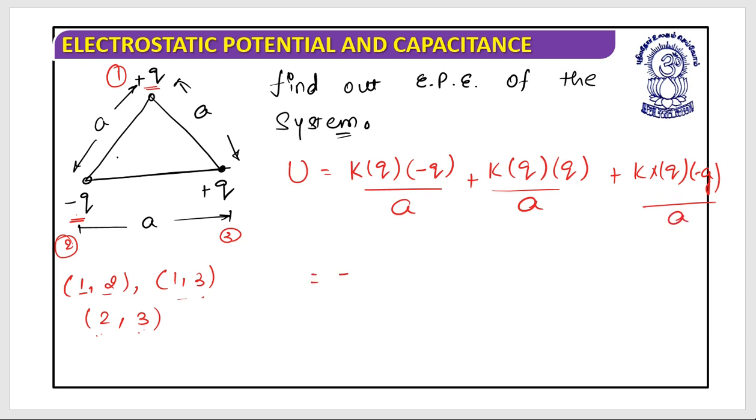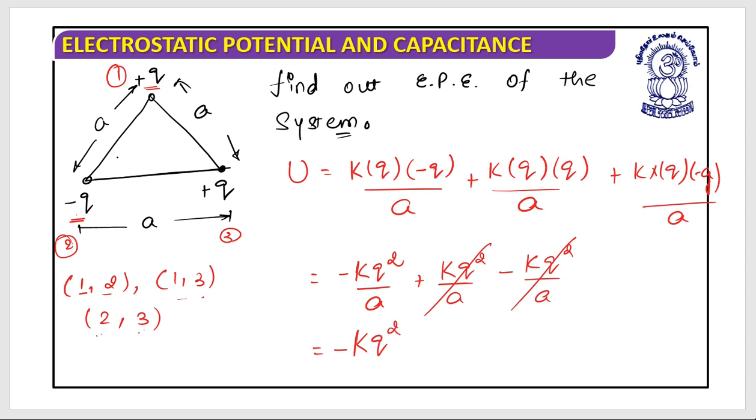So if I write this, it's minus k q square by a, plus k q square by a, minus k q square by a. The plus k q square by a and one minus k q square by a cancel, and the minus k q square by a is the answer. I hope these things are clear to you.